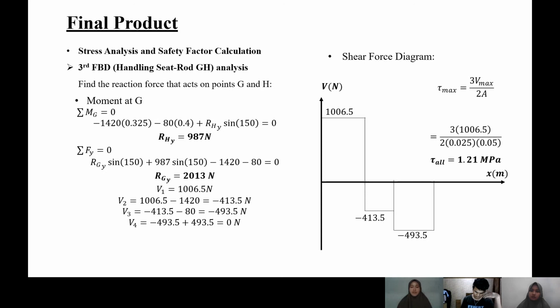After we obtain the shear force diagram, we can obtain the maximum shear stress by using 3 over 2 V max over A. Then we compute all of the known values, and it is our mistake, it should be tau max, the maximum shear stress, which is 1.21 MPa.